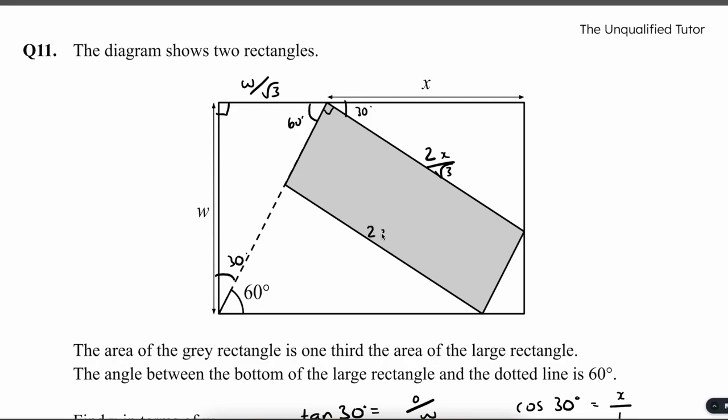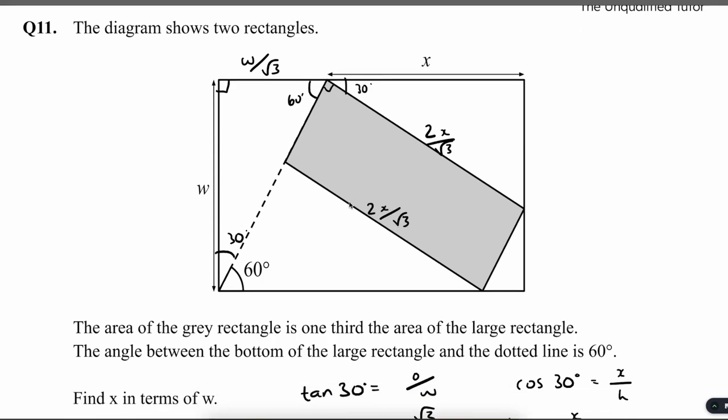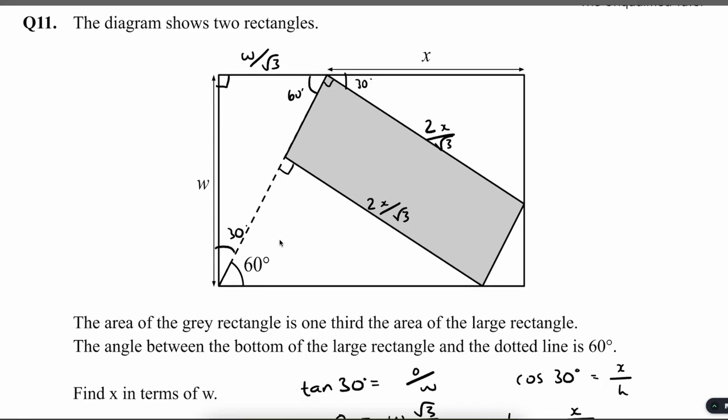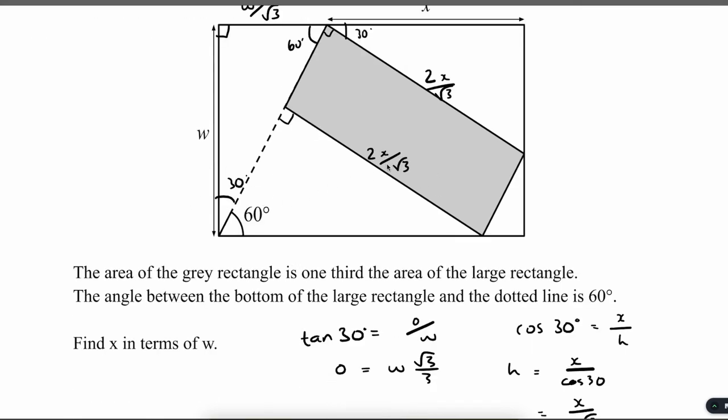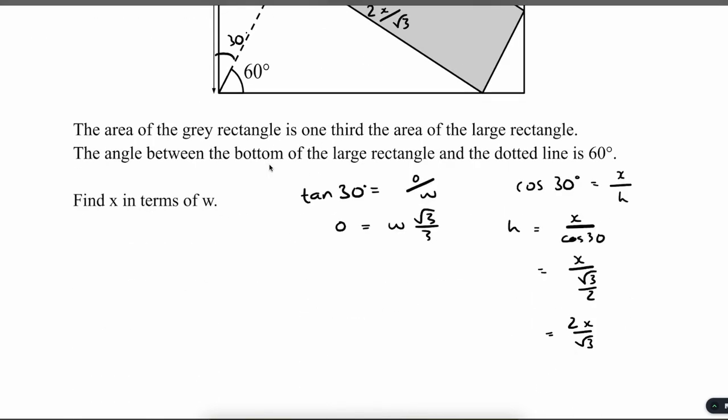Now, because it's a rectangle, we know that that's also that length there. Now, we might as well use this one here, because this is going to be a 90-degree angle, to work out this length here. So that would be opposite and adjacent, so we're going to use tan again.